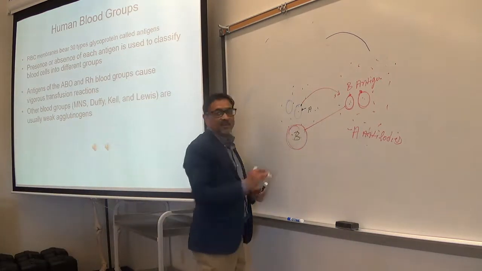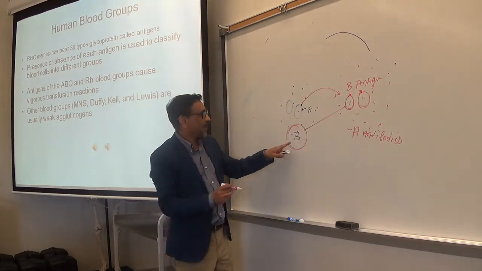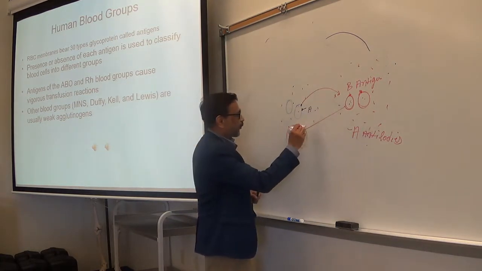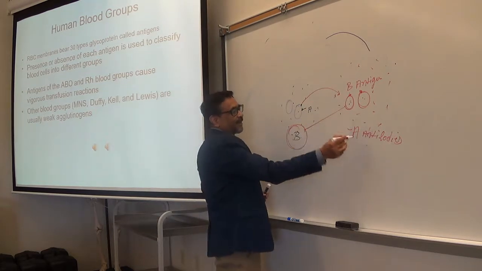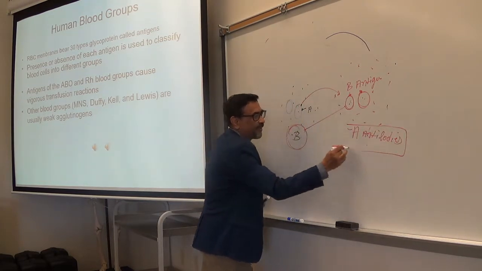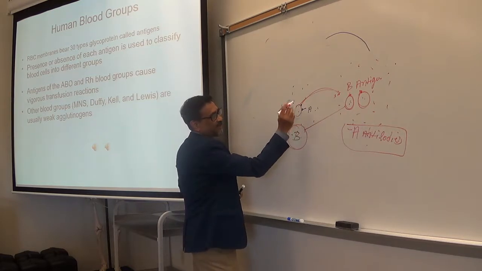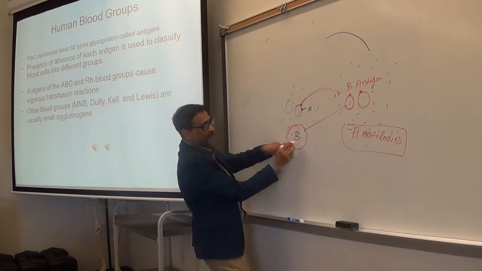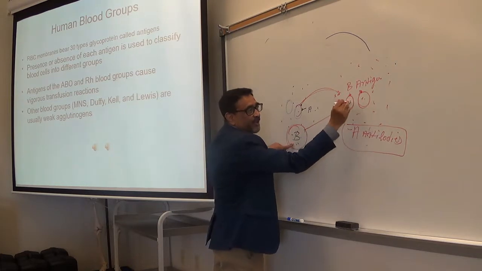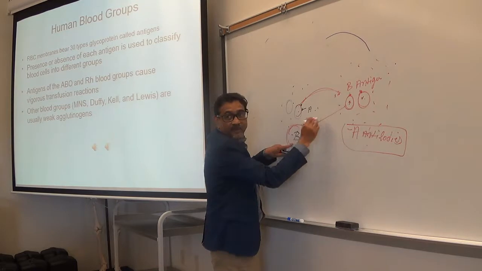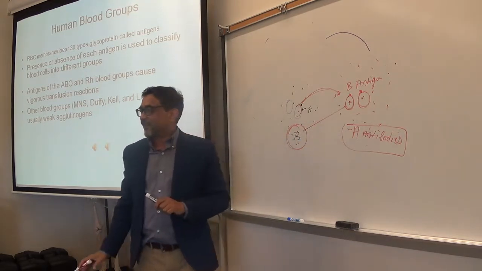Why? Because you see, the amount of the plasma of the recipient, like this, is the antibodies. If you give this blood here, these donor's red blood cells will be destroyed, but this antibody will not be able to destroy the recipient's red blood cells, although at the same time.